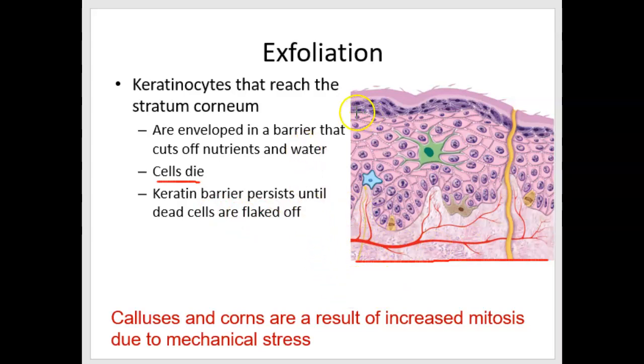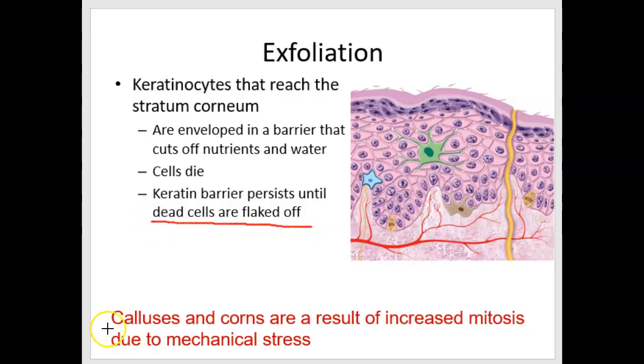In addition, the cells that reach the surface, the stratum corneum, are enveloped in a barrier of keratin and these lipid vesicles. So even if the nutrients could diffuse up here, it's hard to get into the cell. So what happens is exfoliation. The dead cells, as well as some of the keratin, are flaked off over time.